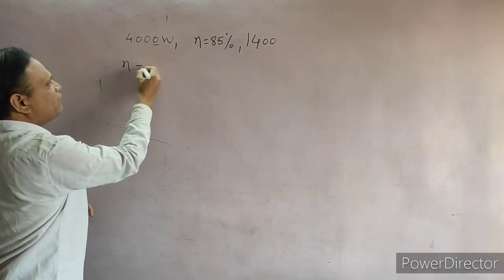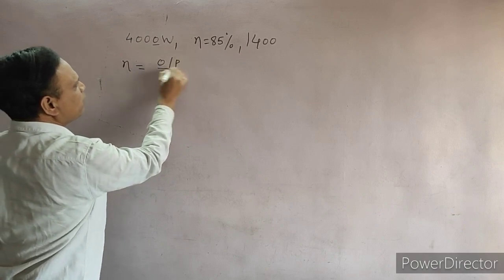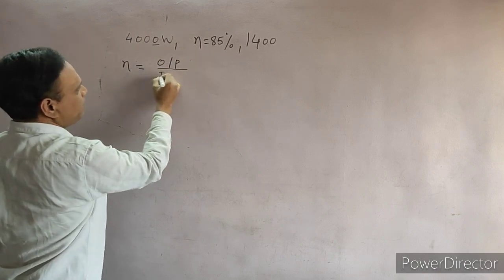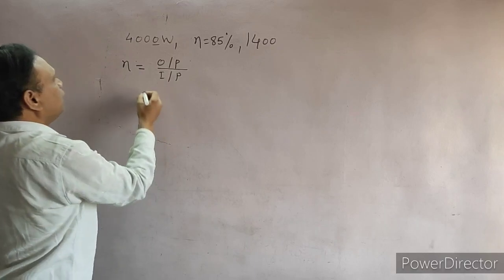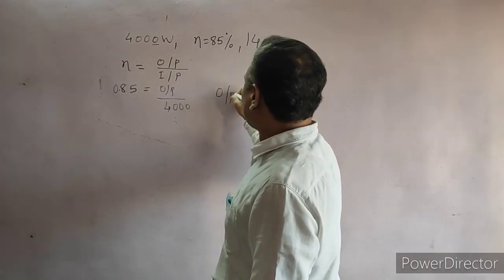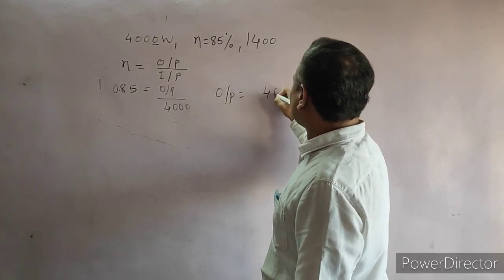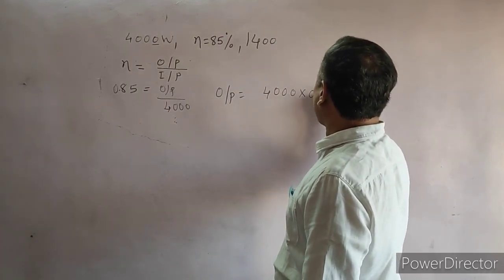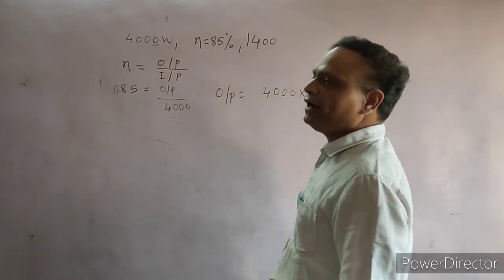Now efficiency is nothing but the ratio of output power upon input power, right? So I have taken the efficiency as 85%. My output power will be 4000 into 0.85, right?